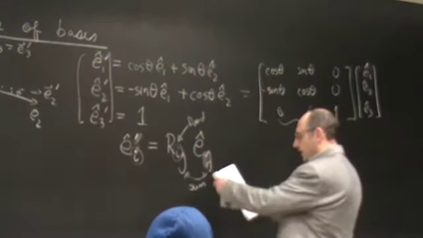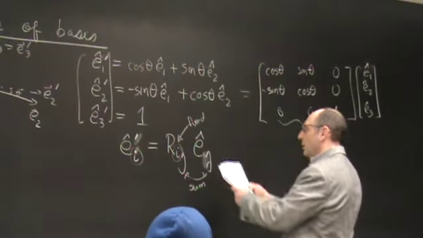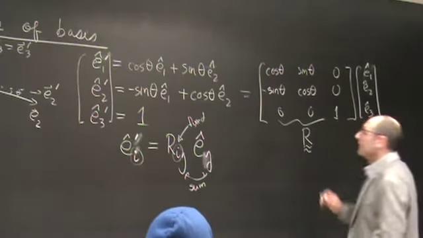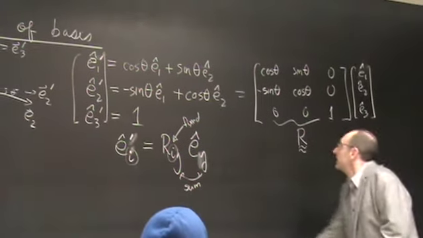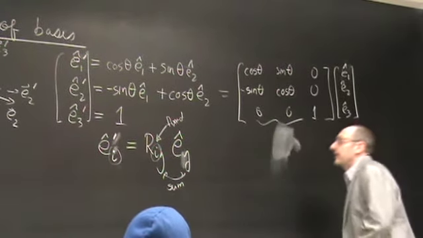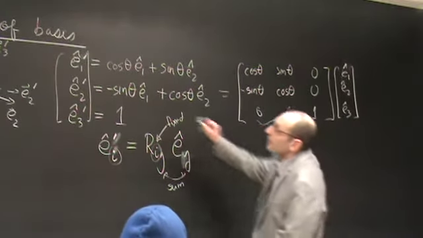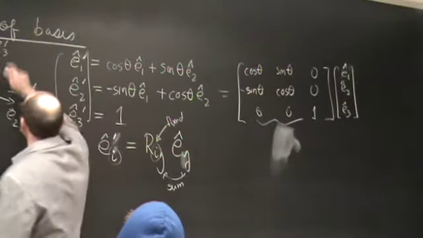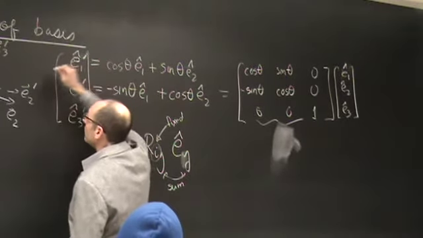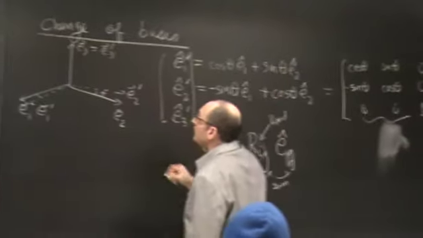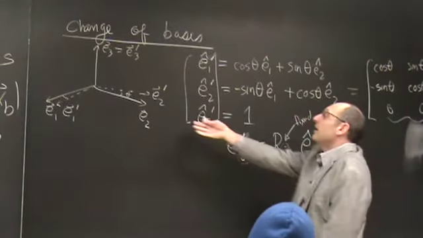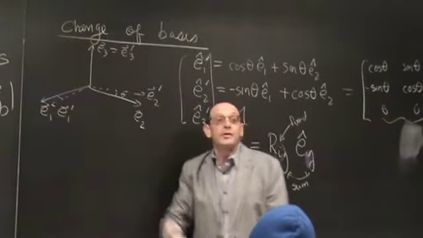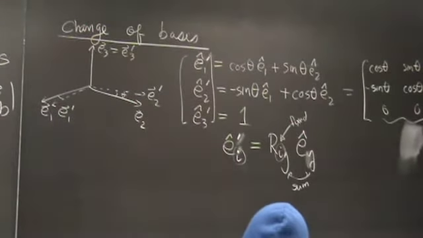Okay. Right. So, now, the particular rotation I chose, this particular change of basis that I'm looking at here, is one that kept the dot product or inner product between these vectors the same.